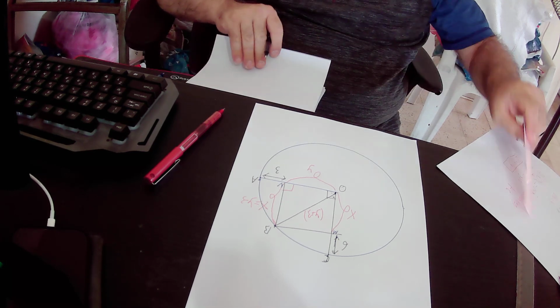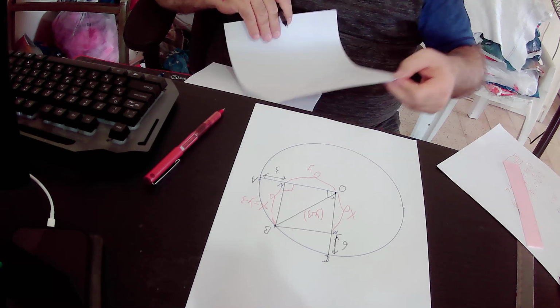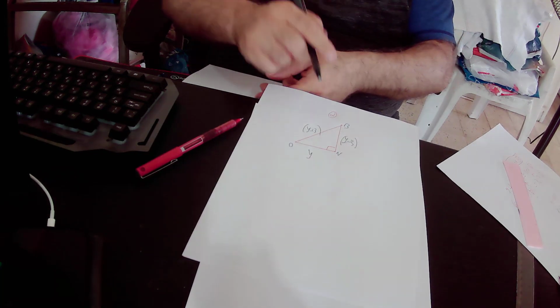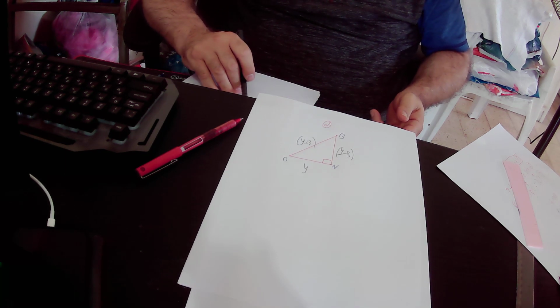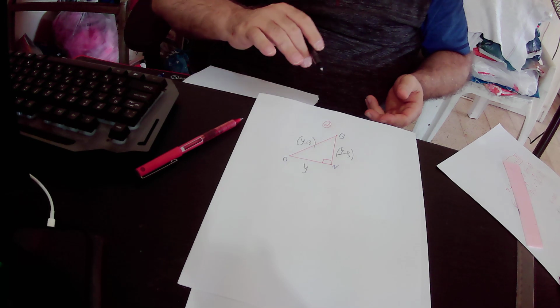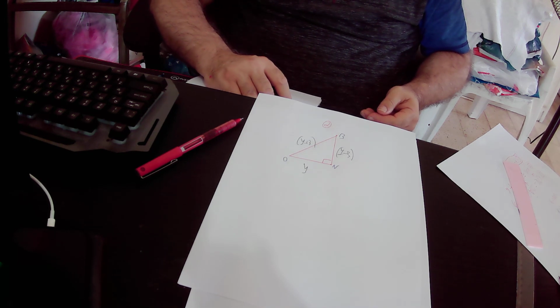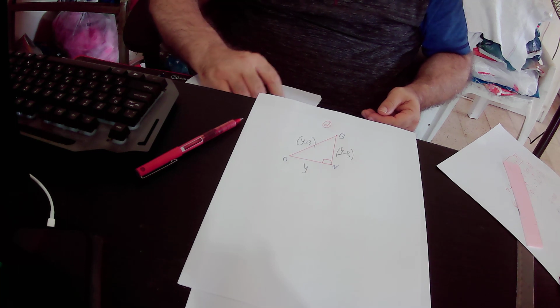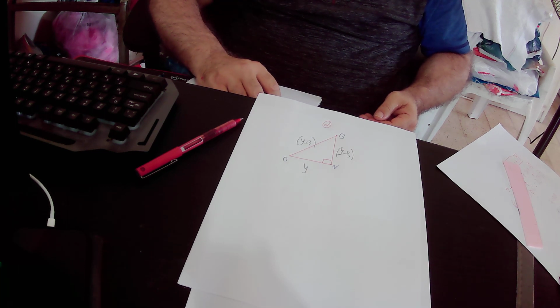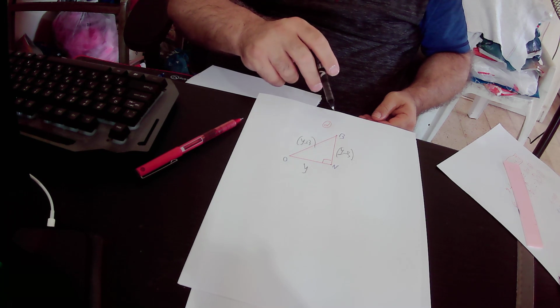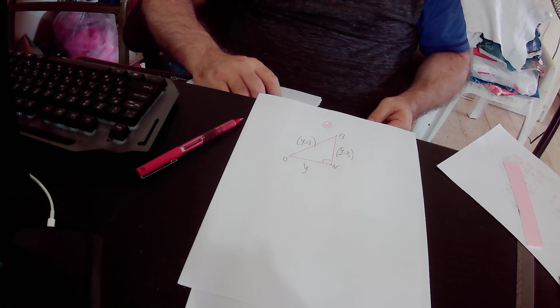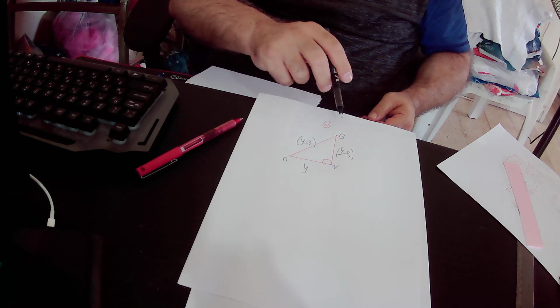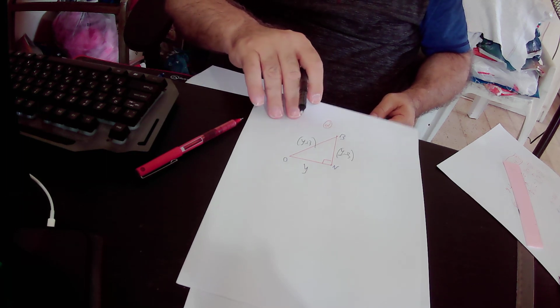Okay, so this is the right triangle OBN, and we will use the Pythagorean theorem in order to find the value of y, and then y plus 3 is the radius of the circle.